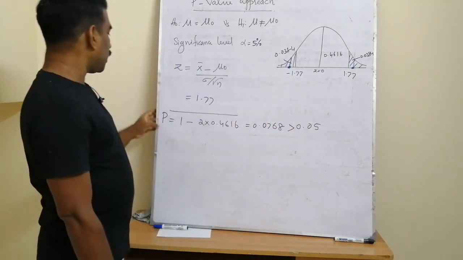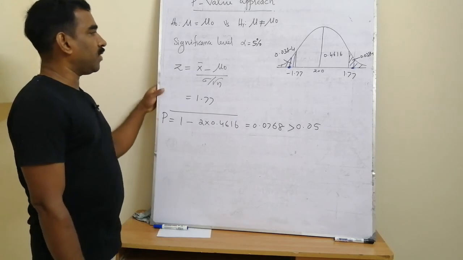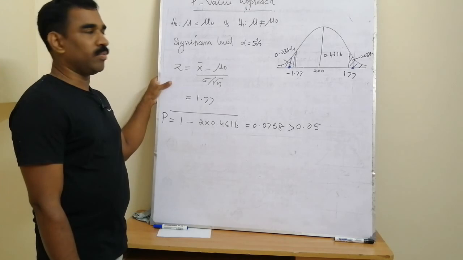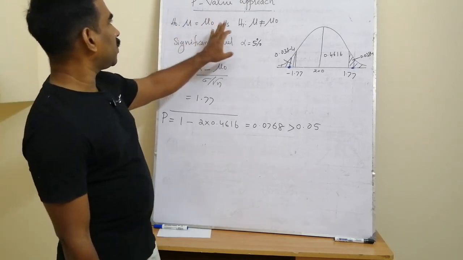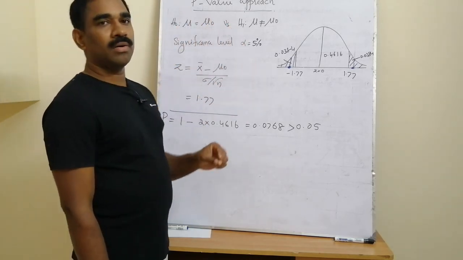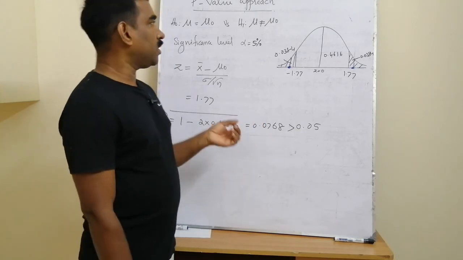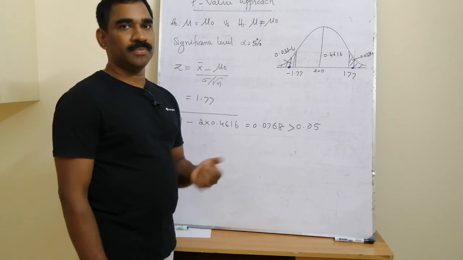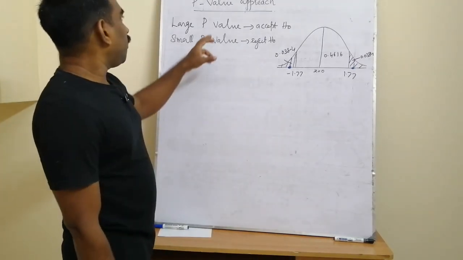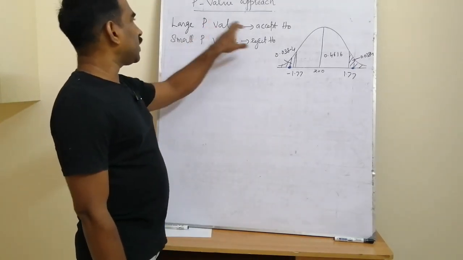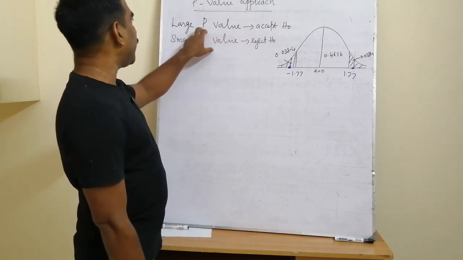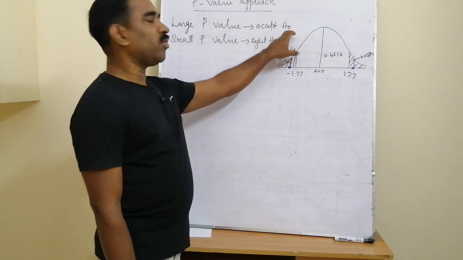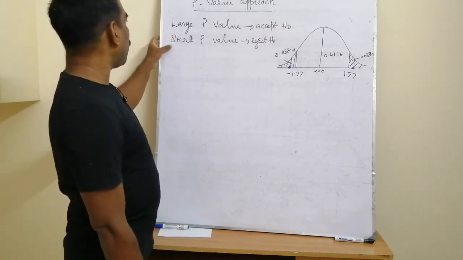That means for a p-value larger than the significance level, we will accept, and for a smaller p-value, we will reject the null hypothesis. So this is a second approach in making decisions in hypothesis testing, and this is the most common method used in the research field. If the p-value is greater than the significance level, the null hypothesis is accepted.